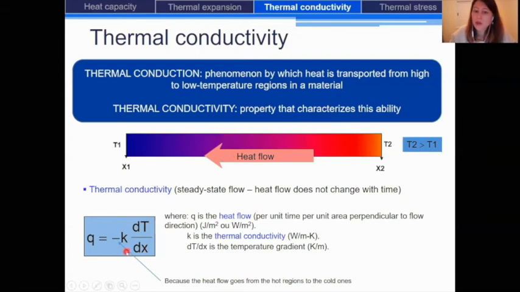K is the thermal conductivity, and the unit is in watts per meter Kelvin. And this is the variation of the temperature, the temperature gradient, in Kelvin per meter. And you can see here the negative sign, which represents that the heat flow goes from the hot regions to the cold ones. So the thermal conductivity is this value K.